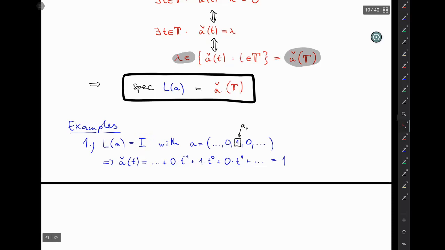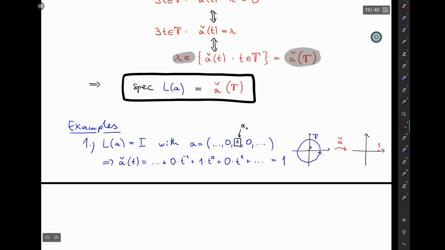It's the identity operator. Now let's see what the spectrum of the identity operator is. Well, it's the image of that function when you run it over the whole unit circle. If this is the unit circle in the complex plane, I'm even showing the orientation here, then our function a upside down hat is mapping these points all into the same point, which is the point 1 over here.